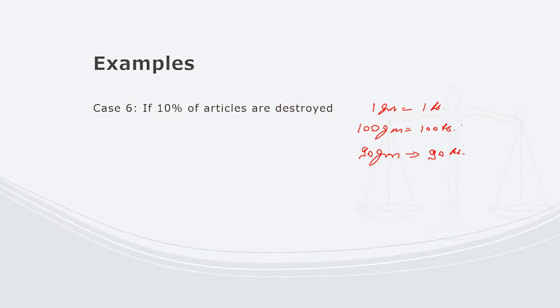Right? Wherein his cost of the entire transaction was 100, his selling price is only 90. That means the ratio of selling price by cost price in this particular case will be selling price 90 rupees, cost 100 rupees. So the ratio of selling price by cost price is 9 by 10. Again, 10% was destroyed, so 10% loss. Yes, it is a fair presumption in this particular case, right?